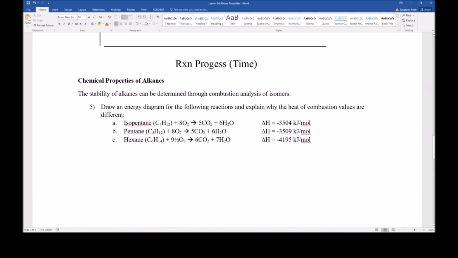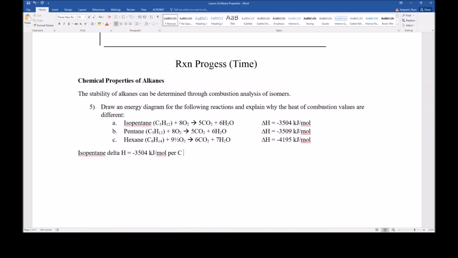What if I were to divide this number right here by the number of carbons? So you can think about with isopentane, your delta H is equal to negative 3504 kilojoules per mole. But if you want to think about that in terms of per carbon, you just divide that by 5.